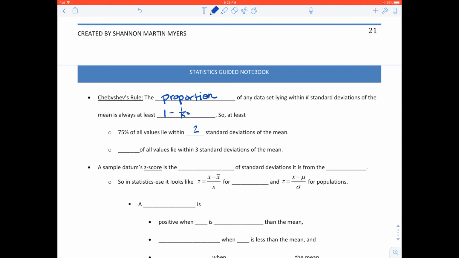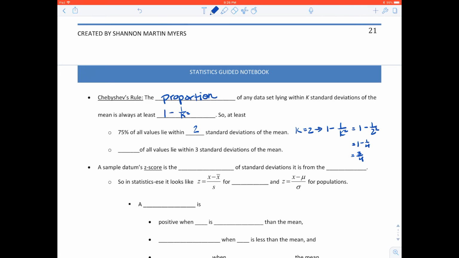Why? Because k would be 2, which gives 1 minus 1 over 2 squared, which is 1 minus a quarter, which is 3/4, and that of course is 75%.